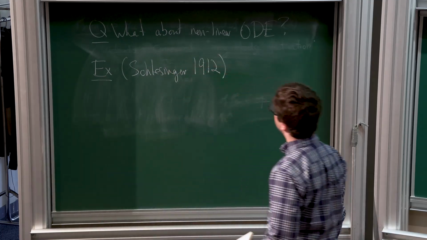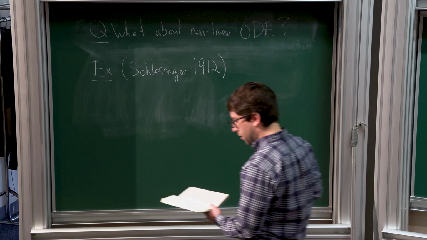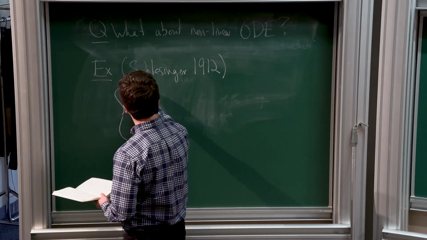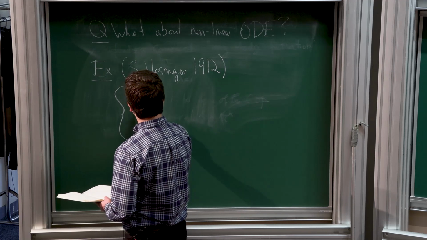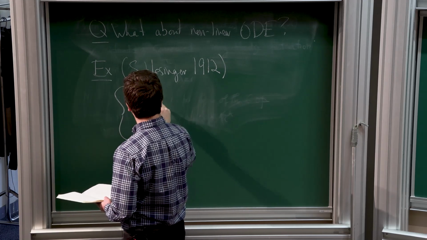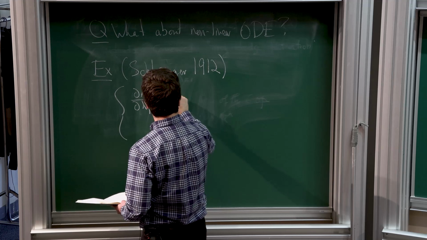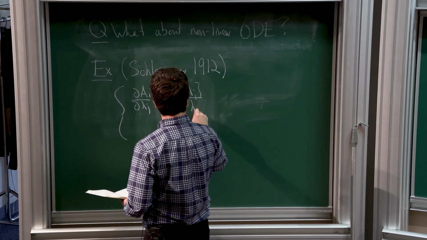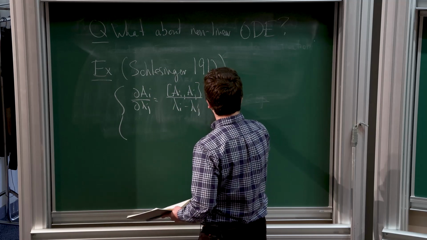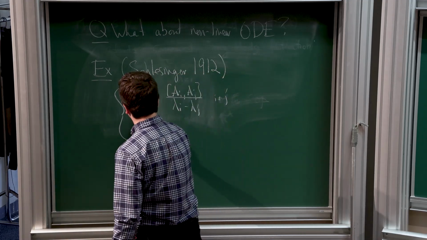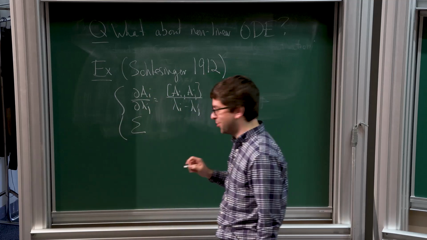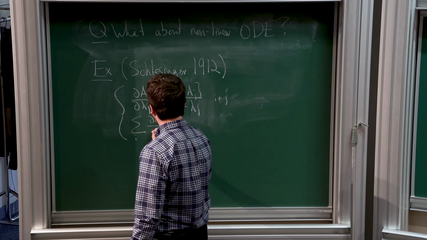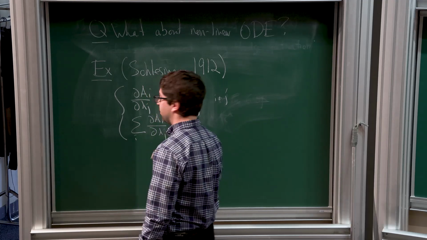So it's the Schlesinger system, which was written down by Schlesinger in 1912, and it's the following system. So I'll say what these symbols mean. dA_i/dλ_j is the commutator of A_i and A_j over λ_i minus λ_j. So this is for i not equal to j. And here, to figure out what to do when i equals j, you say the sum over i of dA_i/dλ_j is 0.